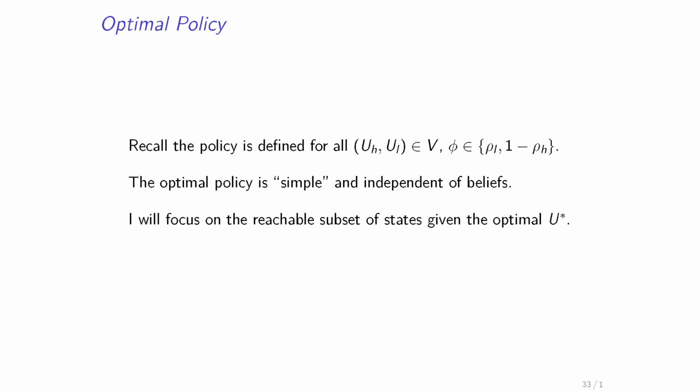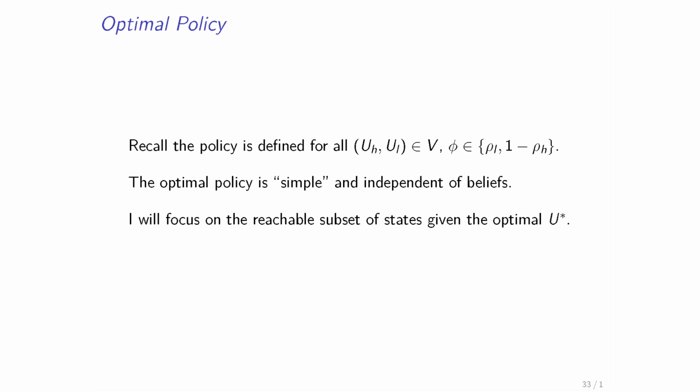The principal's belief will be rho L or 1 minus rho H or Q, which is the initial period's belief. So we have to solve that problem, and we did that, and then we find out the optimal thing for the principal. It turns out the optimal policy for the principal is simple and is independent of beliefs.